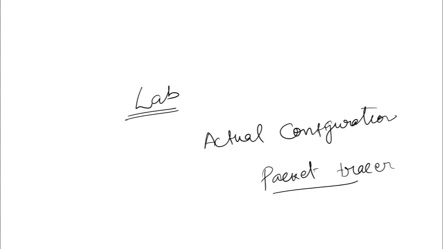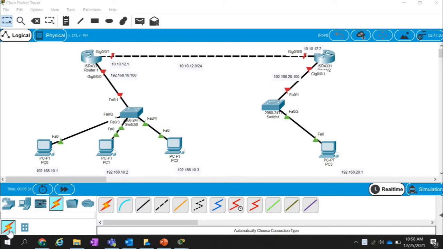Okay, guys. Here I have taken a simple lab diagram, right? Not so complicated, because it does not matter whether you configure a simple routing protocol or a difficult one. You just need to know how to run the commands, right? So I have taken two routers, router 1 and router 2. And after that, I have taken the PCs, PC0, PC1, PC2, and PC3.